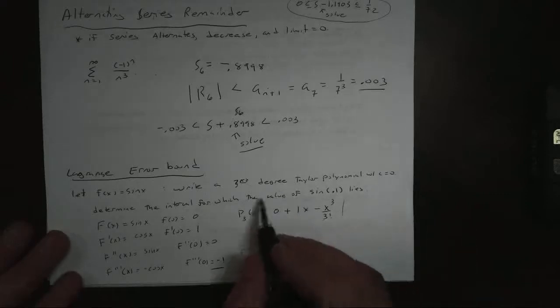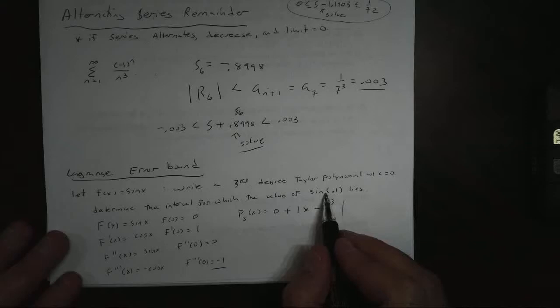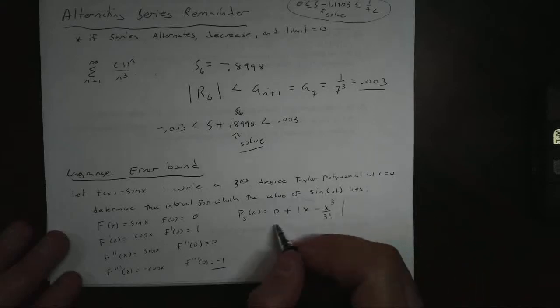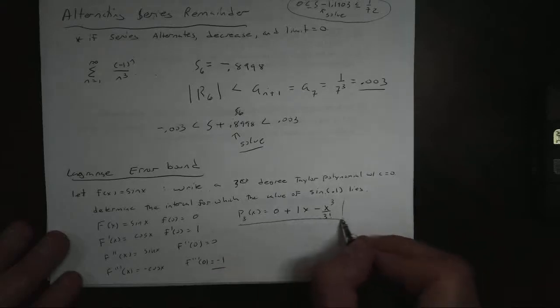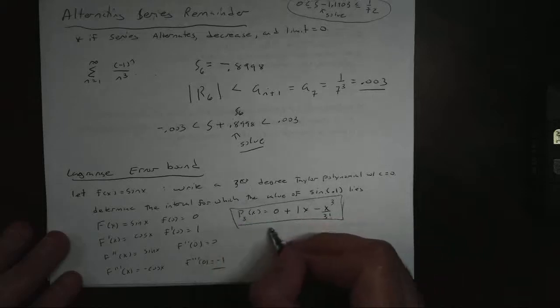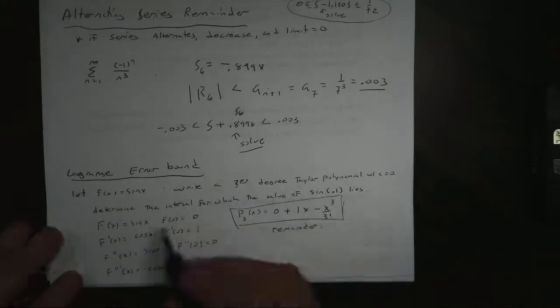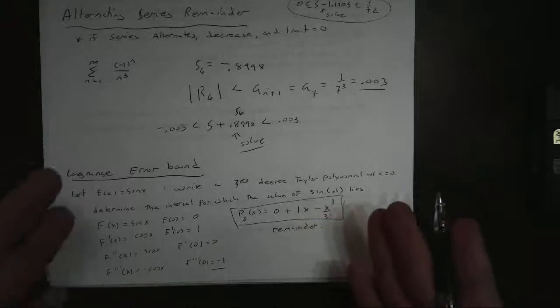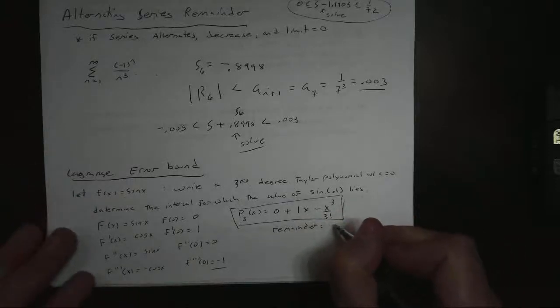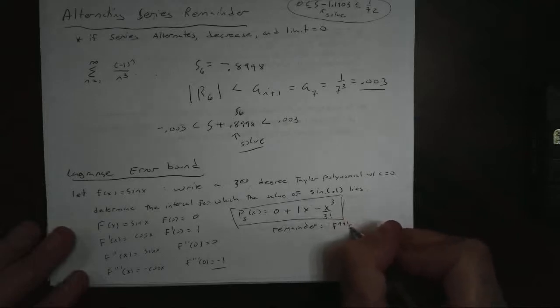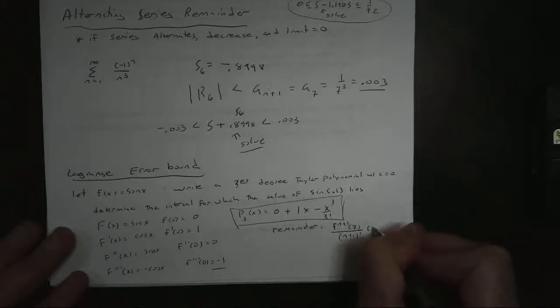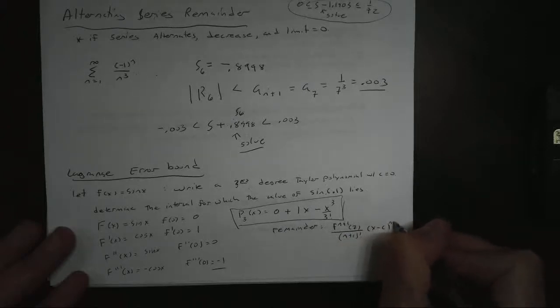Now I want to find out just how accurate that sine of 0.1 is. So to get that, I need my fourth derivative. So there's my third degree Taylor polynomial. And now I want to talk about the remainder part, the error. Remember, for Lagrange, since I don't know what the next term is, or in this case I do, but pretend we don't, we're going to use our Lagrange error, which says we look at the value of the n plus 1 derivative, the maximum it can be, over n plus 1 factorial times x minus c to the n plus 1.